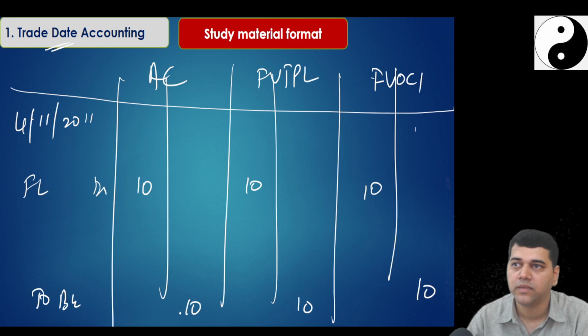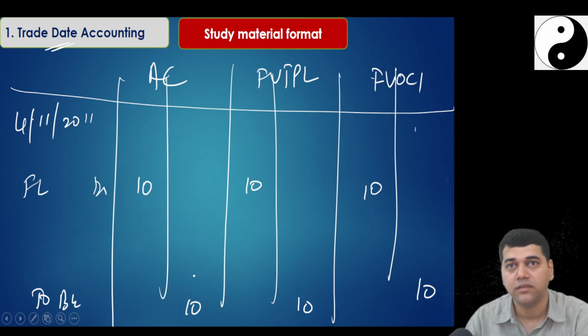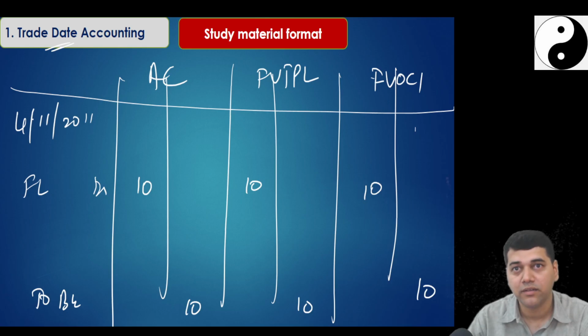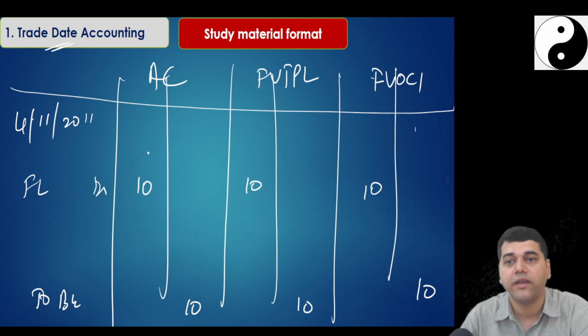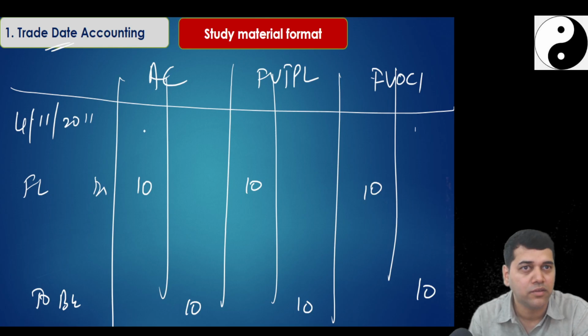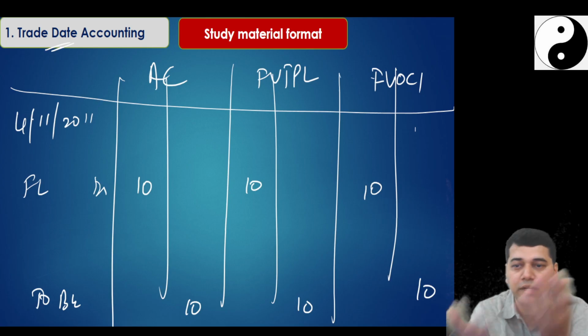Done. On the date of settlement, the fair value has increased from 10 to 10.5. Are you going to pass any accounting entry? If it's classified as amortized cost, are you concerned with the fair value? No. You say, sir, I'm holding it for collection, why am I interested in the fair value?